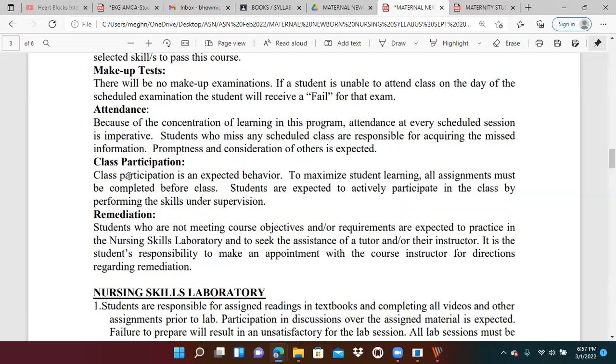All assignments must be completed before class. Students are expected to actively participate in class by performing the skill under supervision by the instructor. So I believe you do not need remediations.